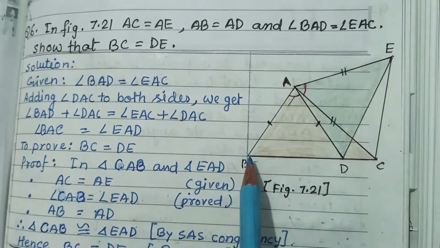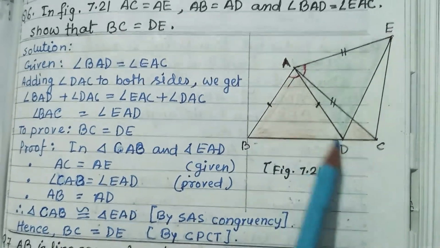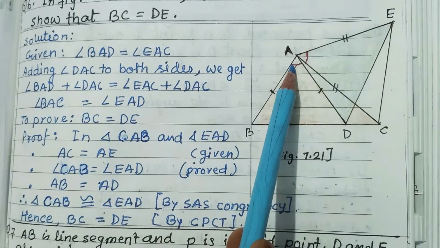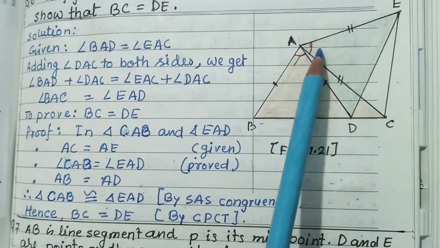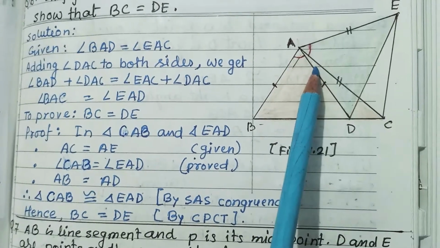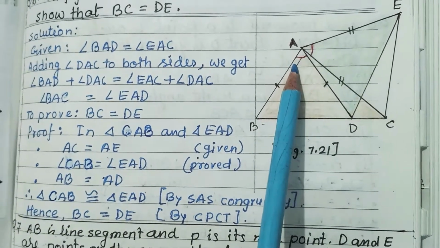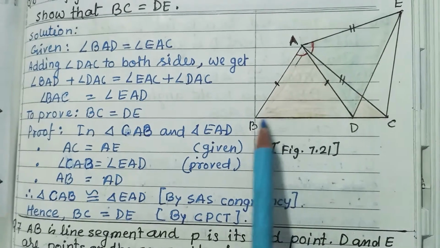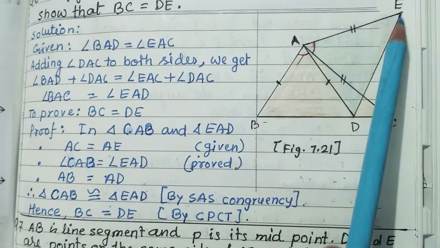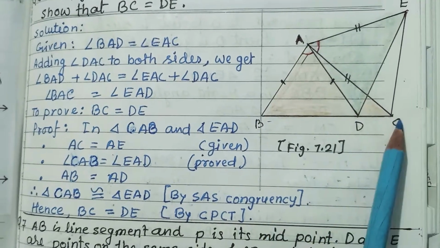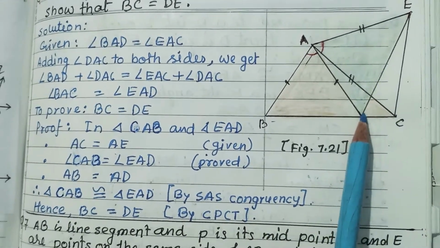Angle BAD, this angle, and angle EAC, this angle, these two angles are equal, not the middle one, these two angles. Show that BC is equal to DE. These two sides are equal, you have to prove.